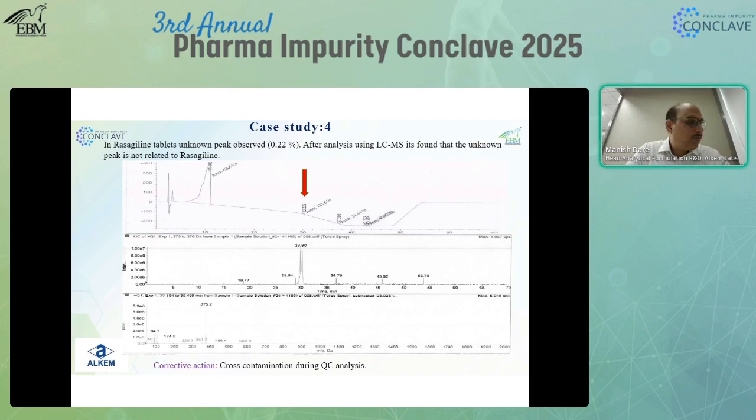Then we went through the complete information from the analysis in quality control: what kind of analysis takes place when this rasagiline analysis is going on. So we came to know that another product was going through analysis in quality control, and due to cross contamination, this impurity may have come from the flask itself.